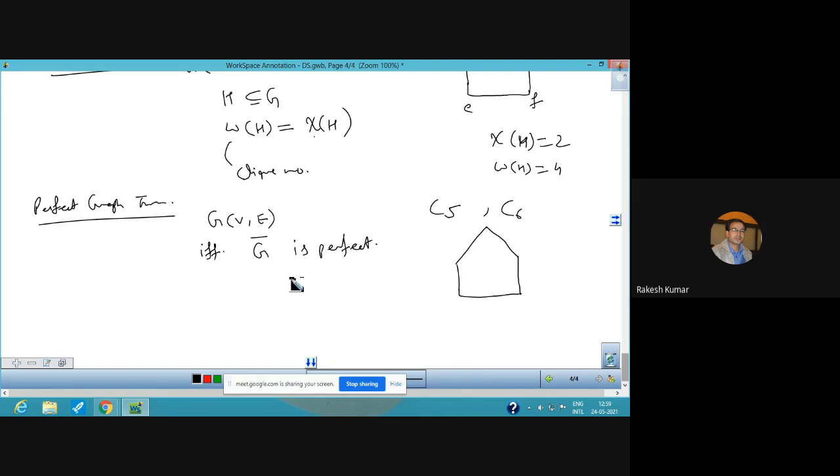This is the perfect graph theorem. But the proof of this theorem is not in your course, only the statement is included in your syllabus. So you just need to study about this. The question may also come like this.